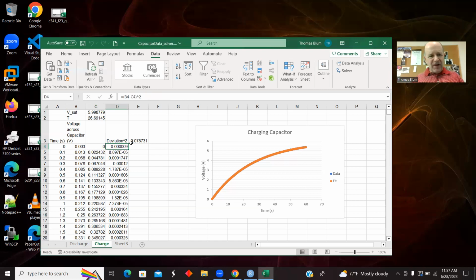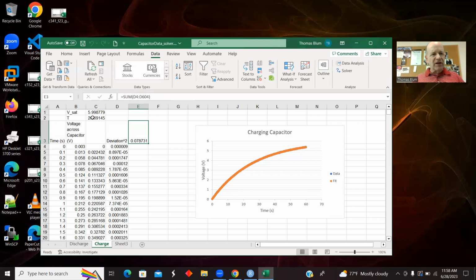We found this residual or deviation, the difference between B and C, and squared that, so it's always positive, got all those and summed them up. And then that was our criterion for picking values. Let's pick values that make this small. And then because it was nonlinear, we needed a solver.